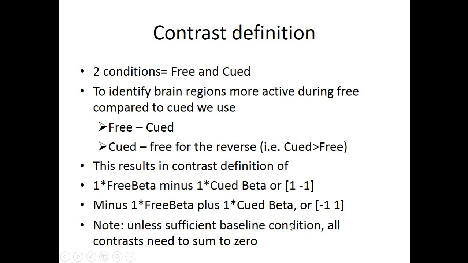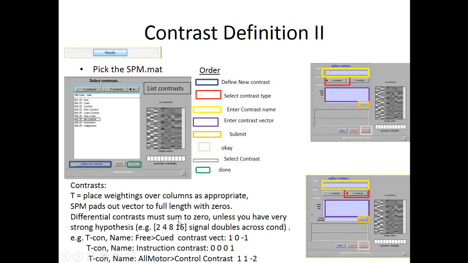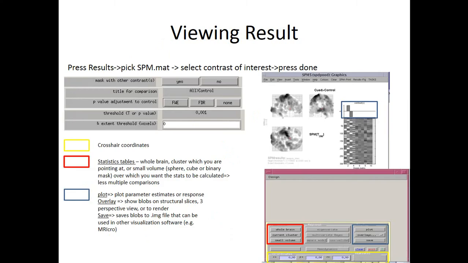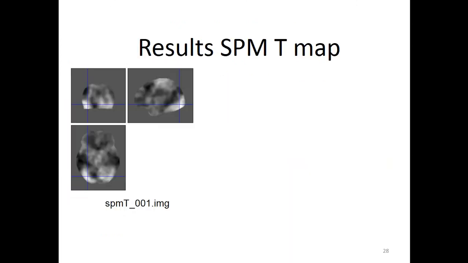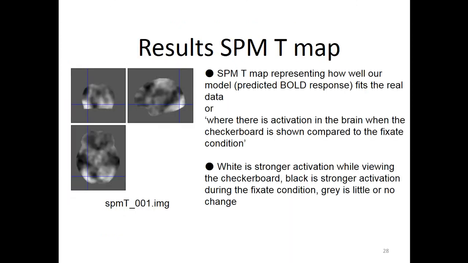If there's sufficient baseline conditions, so where there's basically periods where there's nothing coded, you can test it versus the baseline by just using, say, free greater than baseline with just 1. We'll come back to that in a second. Okay, so this contrast definition.